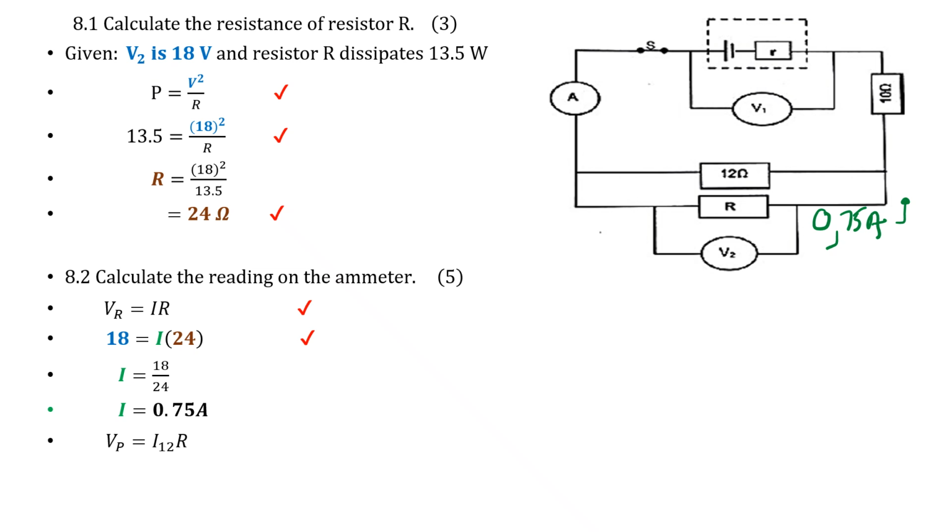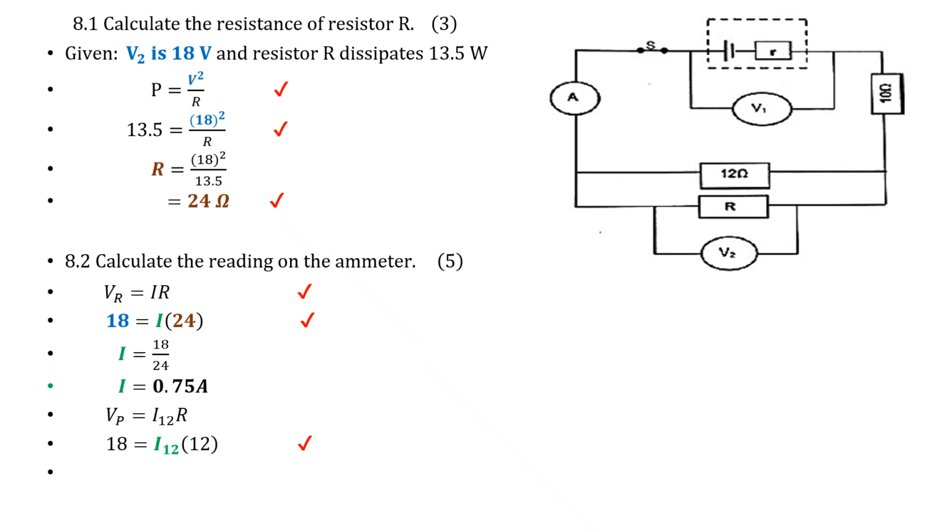Right, so I already have 0,75 for R. Remember, in parallel, what stays constant? Voltage, right? So if R is using 18 volts, then the 12 ohm is also using 18 volts. Right, so that becomes 18 divided by 12, and that gives me an answer of 1,5 amperes.